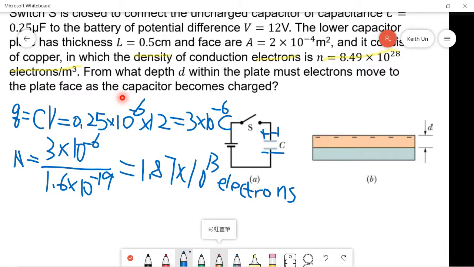And it tells you that the electron has a density n, because the electrons need to occupy some space. They cannot smash into a single point, right? So according to that density, we need to know how much space they need to occupy.